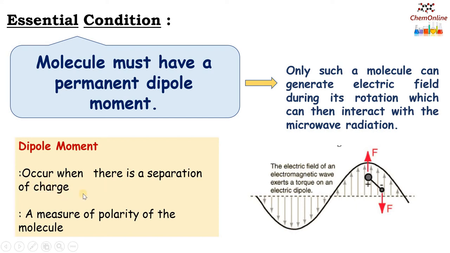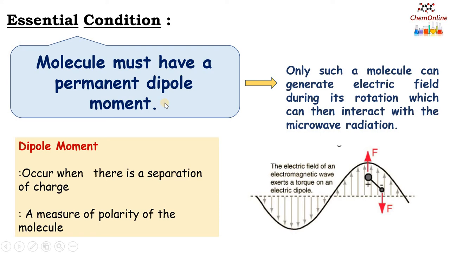The differences in electronegativity and lone electrons give oxygen a partial negative charge and each hydrogen a partial positive charge. So there occurs a separation of charge. Since there is a partial negative and partial positive charge, we can also say that dipole moment is a measure of polarity of the molecule. So this is about dipole moment.